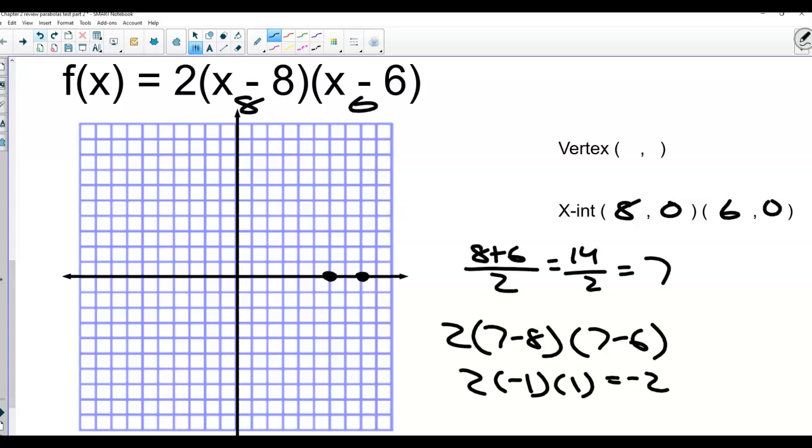So my vertex is going to be 7, -2. So 7, -2 is right here. And this goes up with vertical stretch. And obviously it's going up because the 2 is positive.